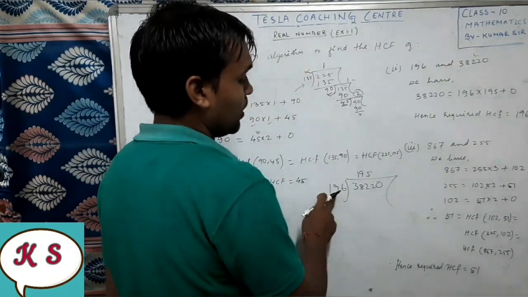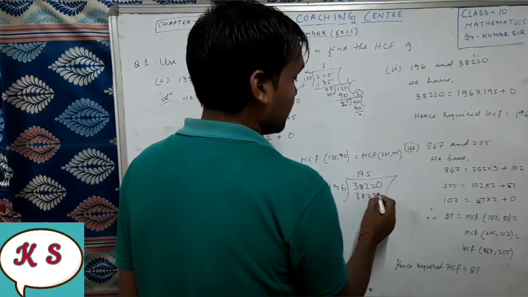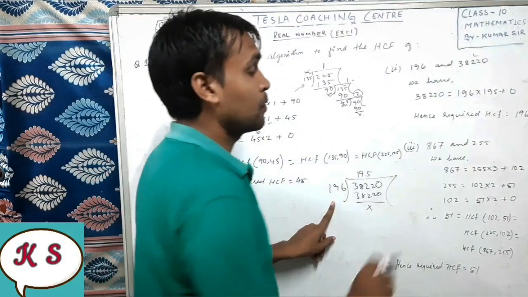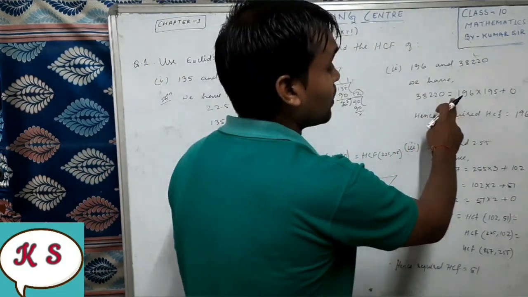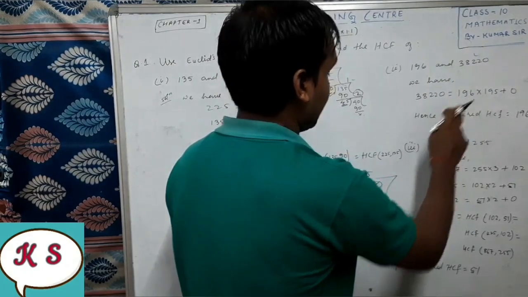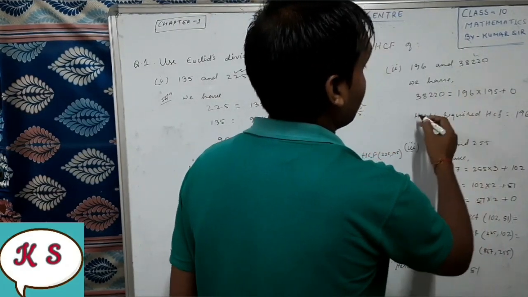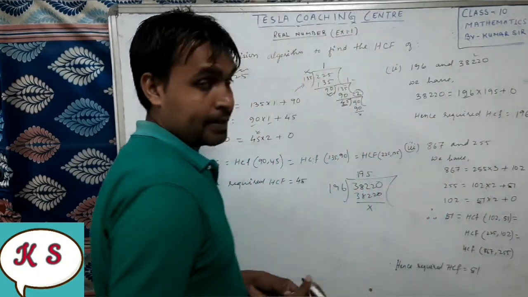If you multiply 196 by 195, you will get 38220. So in the first step itself we got the remainder 0, or not? So we have written 38220 equal to 196 into 195 plus 0. Hence the required HCF is 196.